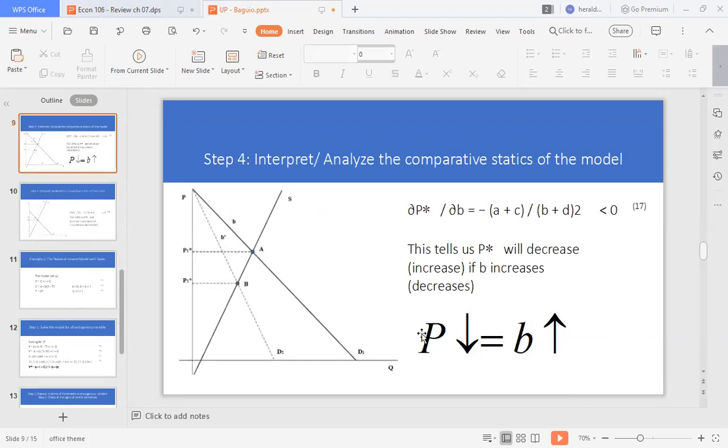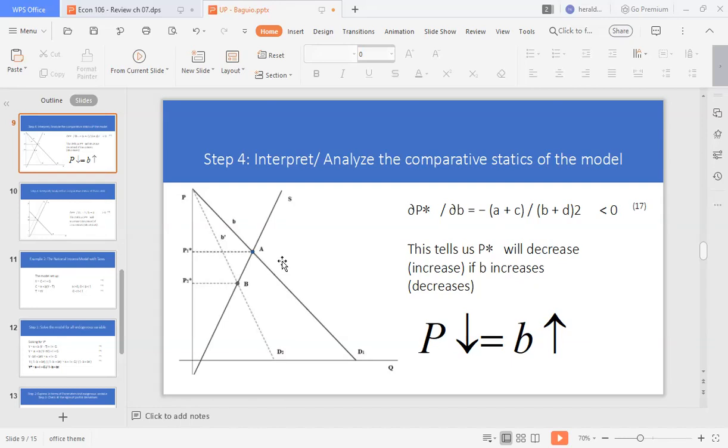What happens here is that we started at point A, where we have P1 star, and then there was a change in the parameter B. What happens here is that the demand curve becomes steeper.